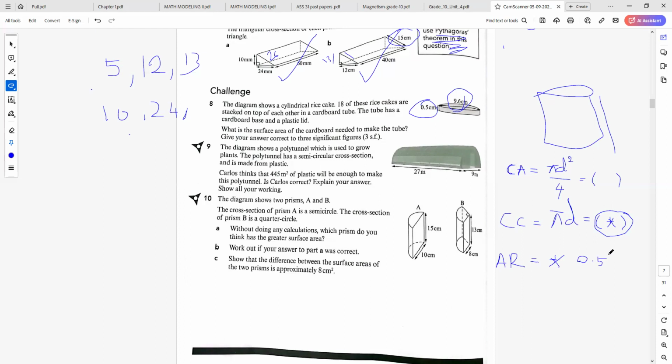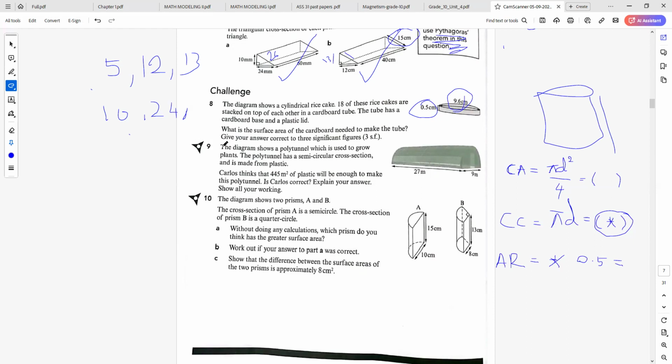Then you have to add all these three values to find the area of the cardboard that is needed to prepare this cardboard for packing this cake, right? Okay.